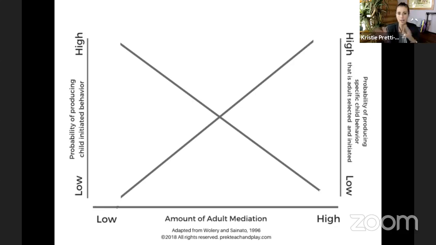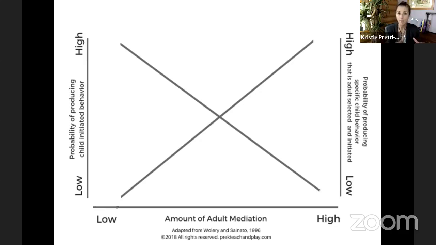Okay. So if you kind of get that, you're going to move across that crossbar all day long. Every lesson should require different amount of adult mediation. If everything has to pass through you for children to learn, inclusion will not work.